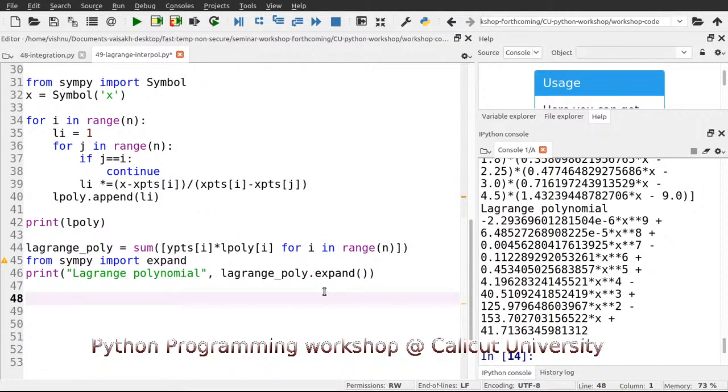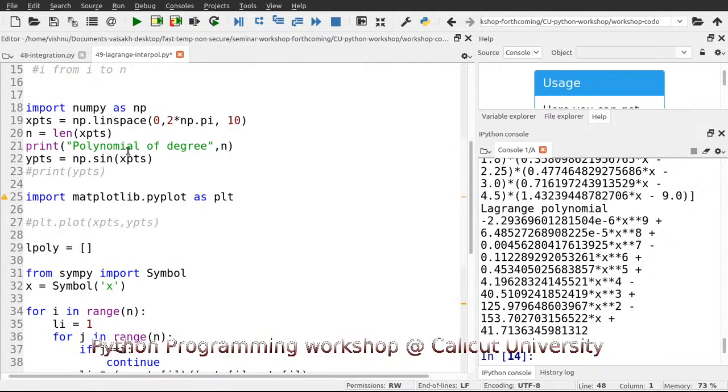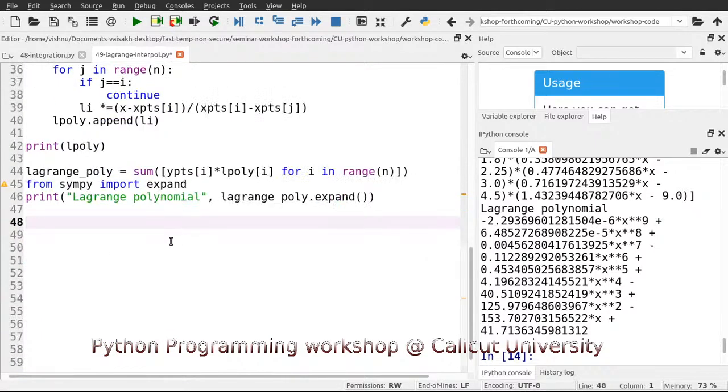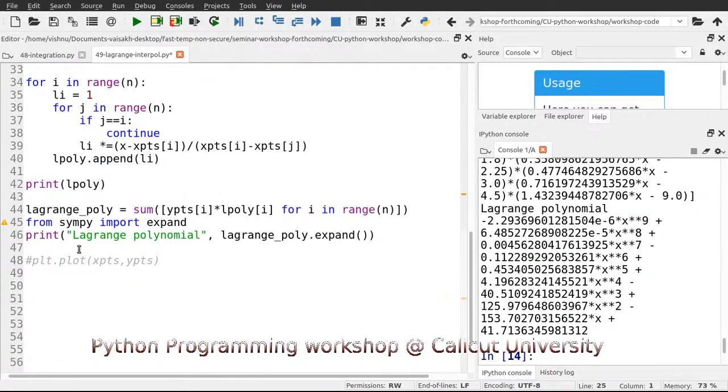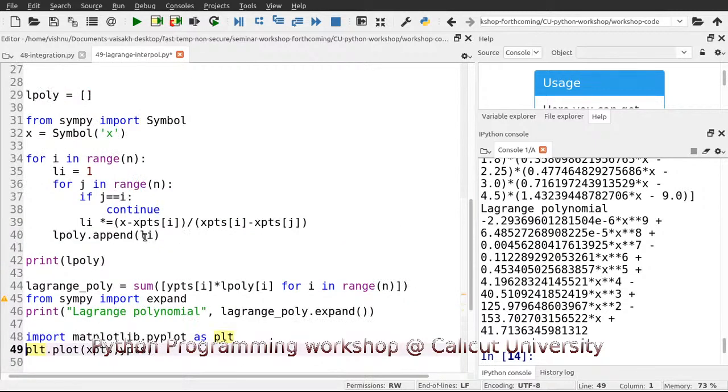Trying to plot. So let us plot both. Already the plot is imported. Maybe I will move it here. So this is plotted. Plot show, where is the show appearing?